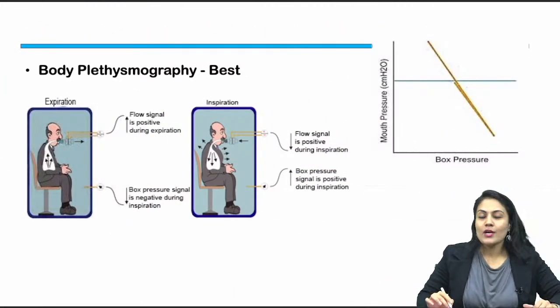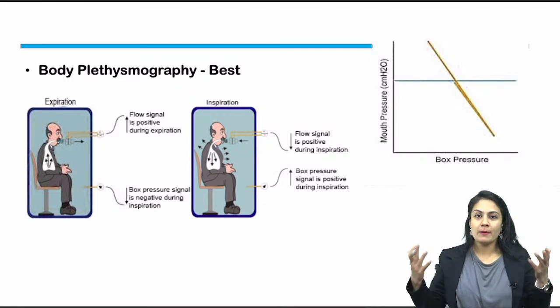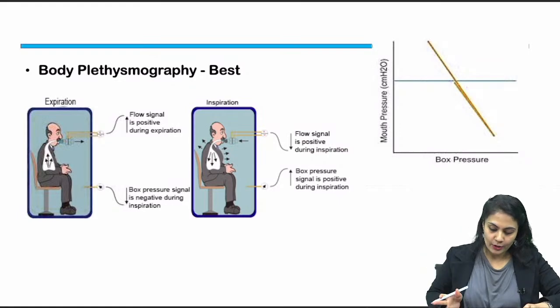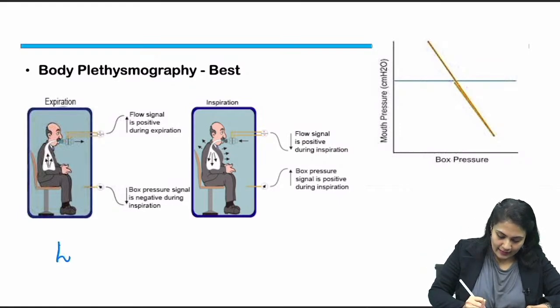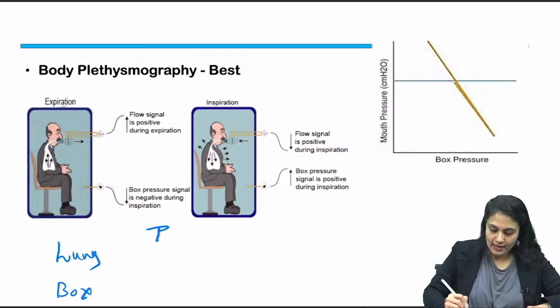Look over here, what is going to happen? We ask the patient to sit in the box and ask him to inspire and expire. There are two things: the lung and the box. Let's say the pressure inside the lung and box, and the volume.